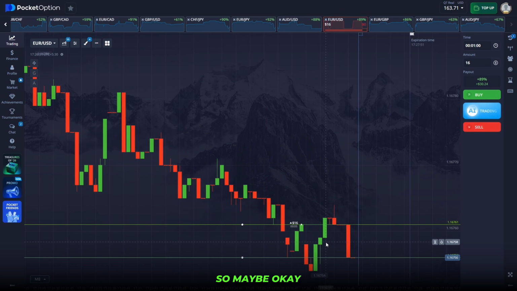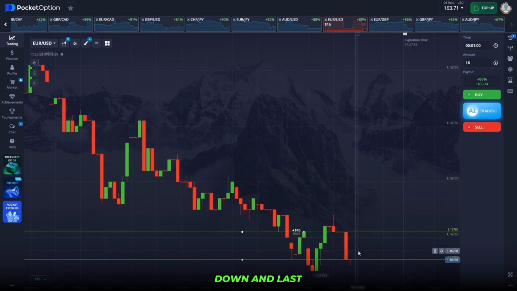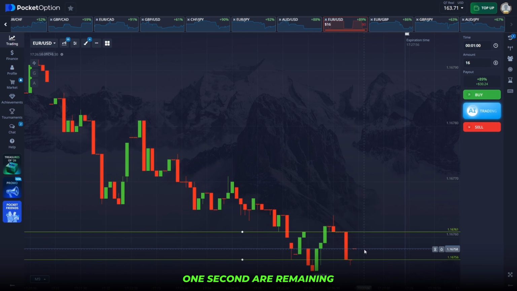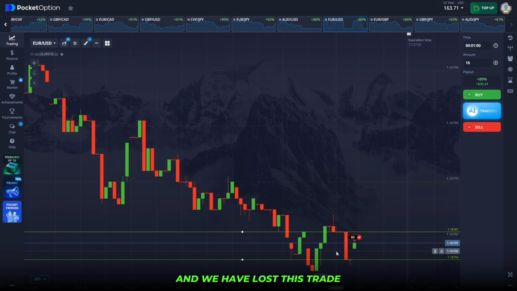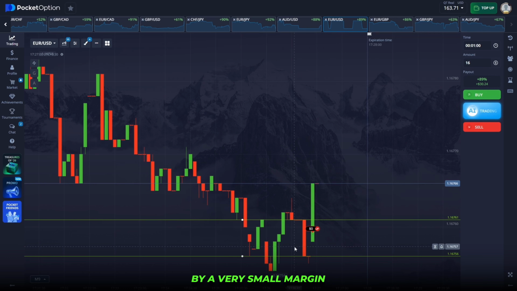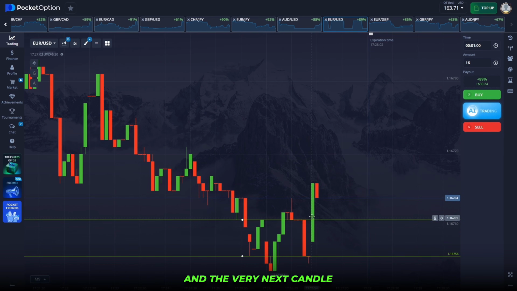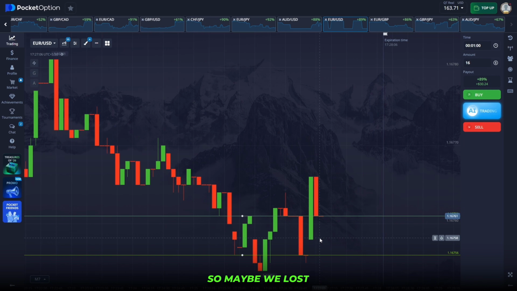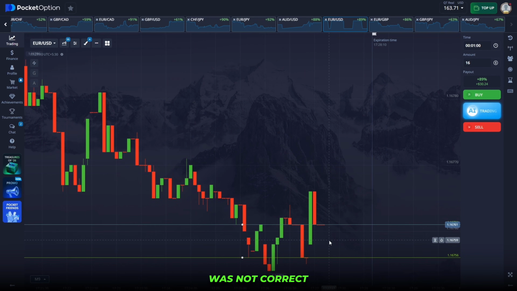So maybe, okay, so price is going down and the last 1 second is remaining and we have lost this trade by a very small margin, and the very next candle it goes up very strongly. So maybe we lost this trade because the entry part was not correct.